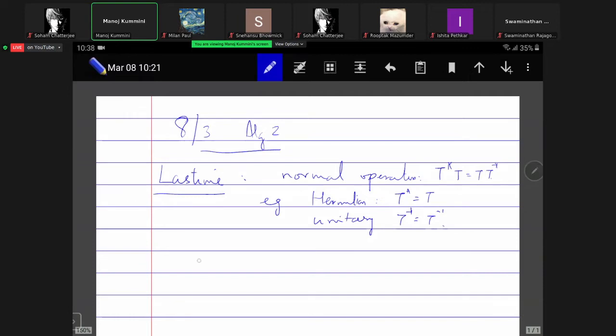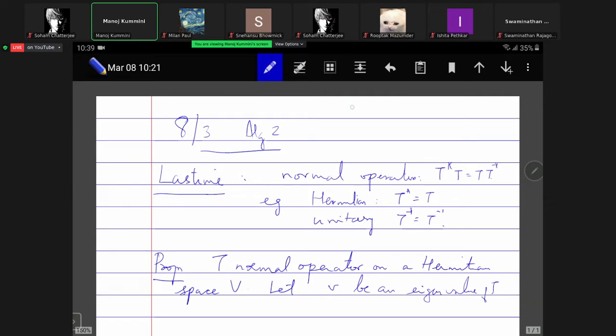Okay. And the other thing that we proved last time, or we were in the middle of proving last time, was that, okay, T is a normal operator on a Hermitian space V. Let v be an eigenvector of T with eigenvalue lambda.